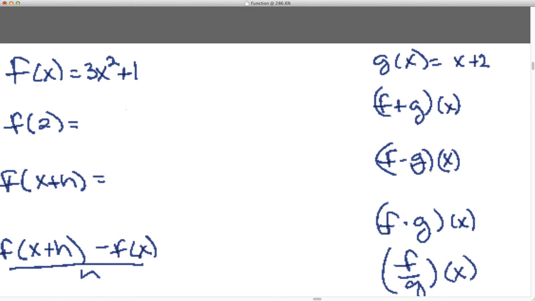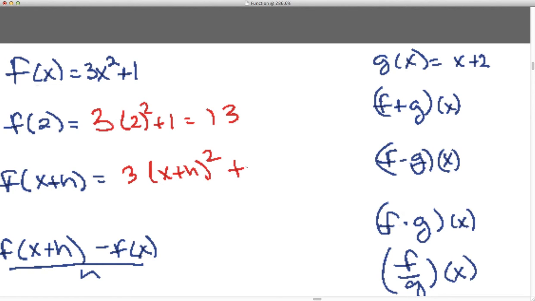We need a 2 there. So we have 3 times 2 squared plus 1, which gives us 4 times 3 is 12, plus 1 is 13. If I have a 3 times x plus h squared plus 1.